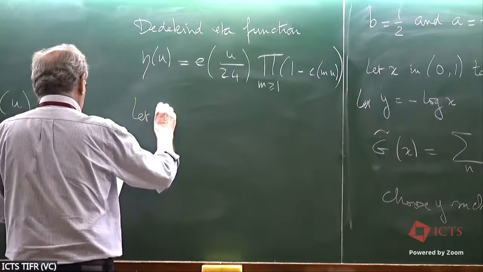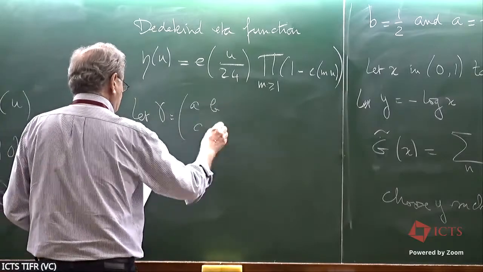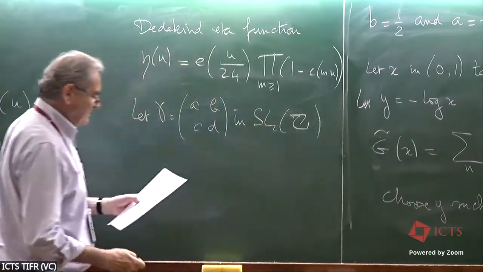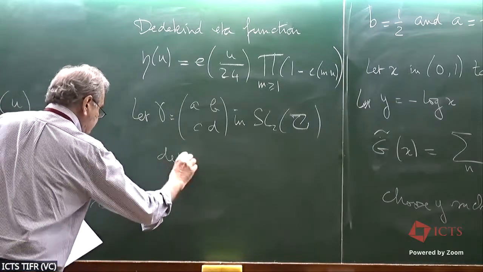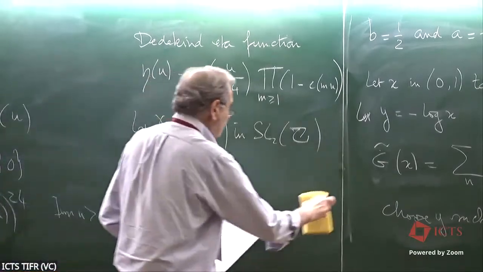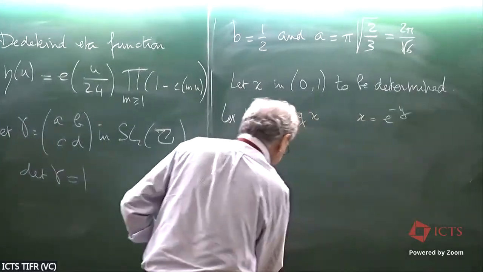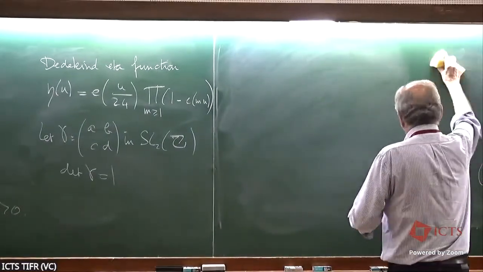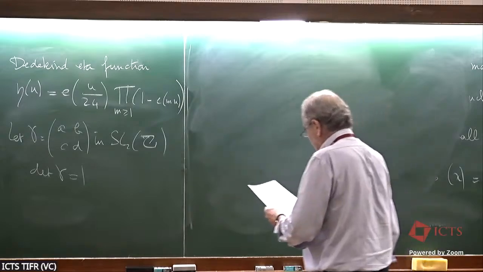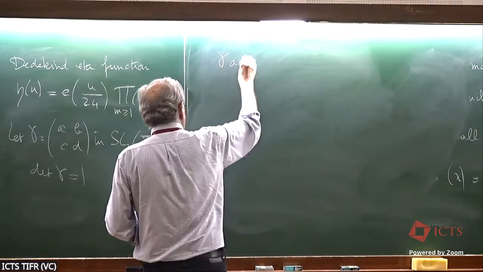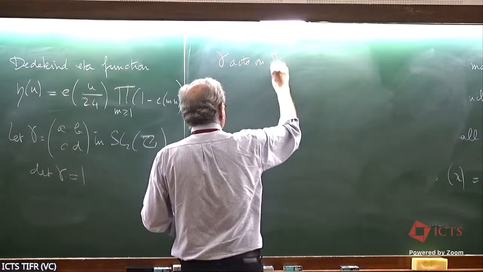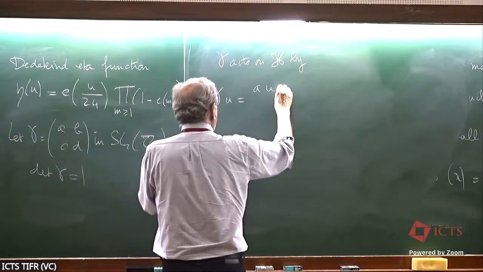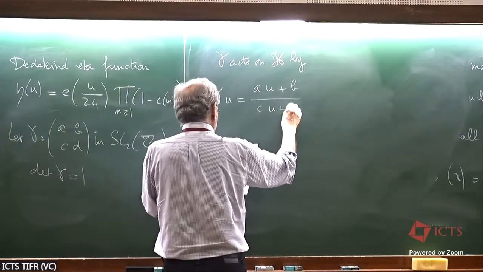So let gamma, which is (a, b; c, d), be in SL2 of Z. SL2 of Z means that the determinant of gamma is equal to 1, so it is invertible in Z. And gamma acts on H by gamma u, which is (au plus b) divided by (cu plus d).